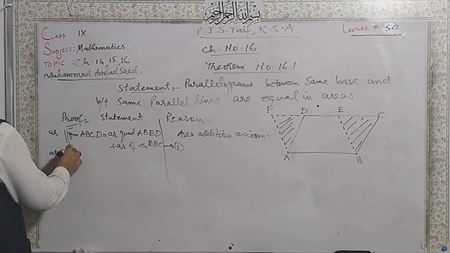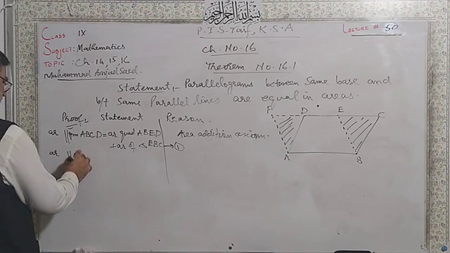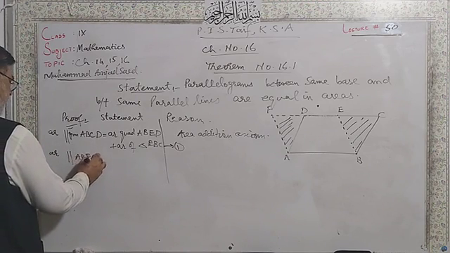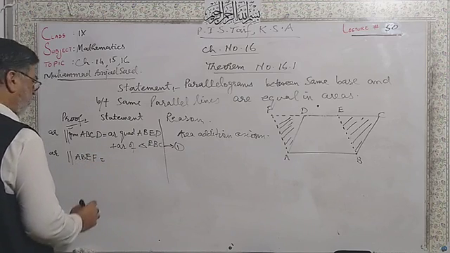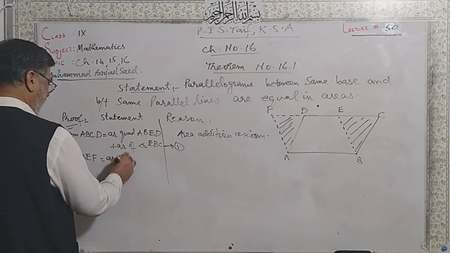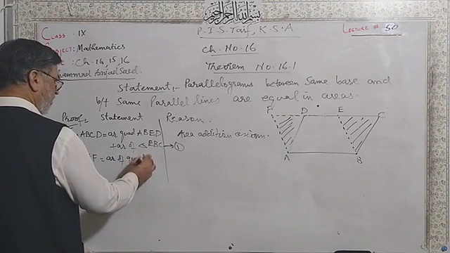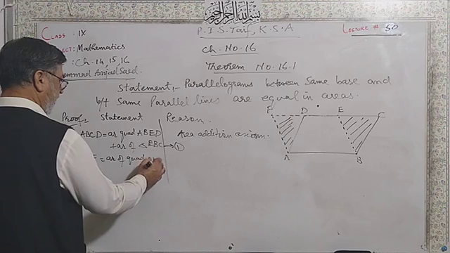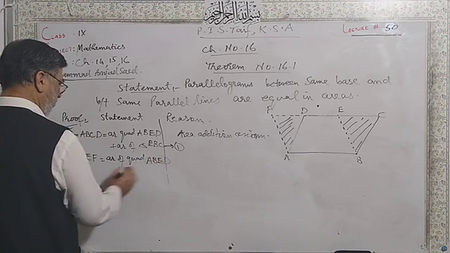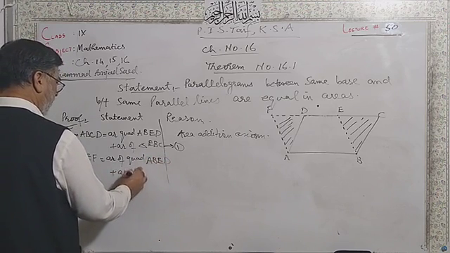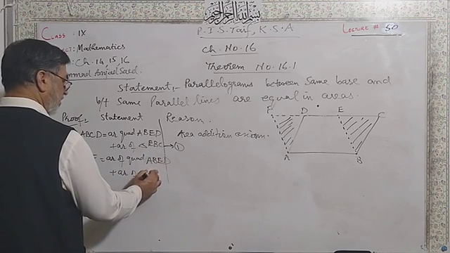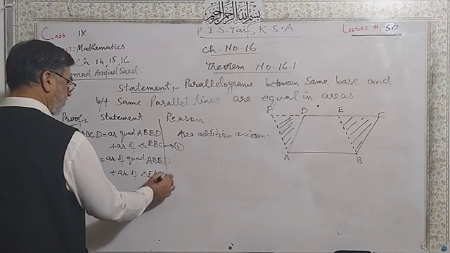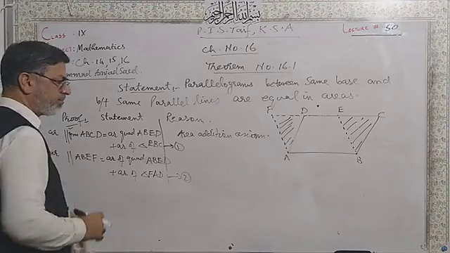Similarly, area of parallelogram ABEF is equal to area of quadrilateral ABED plus area of triangle FAD. This is number 2.